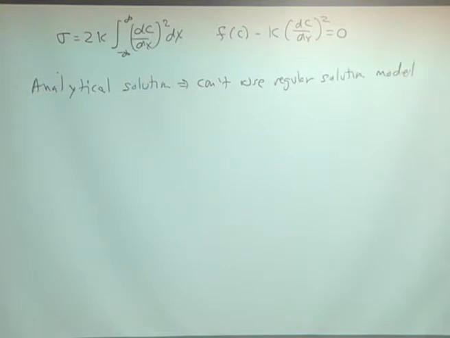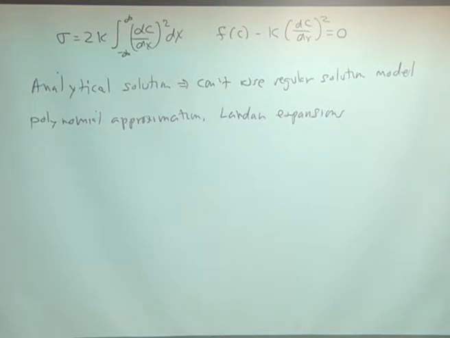The regular solution model that we started with has the logs, C1, C log 1, all that kind of stuff. And so what we're going to do is use a polynomial, and these are sometimes called Landau expansions. A polynomial approximation of the free energy.